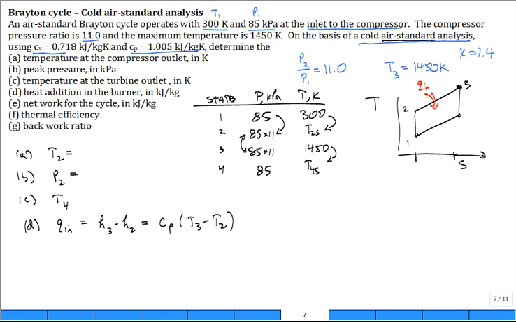Now, let me ask you a question. Well, let me continue on. What is the net work for the cycle? W net. You can do just like before. You can get it W_T minus W_C, or you can get it Q in minus Q out.